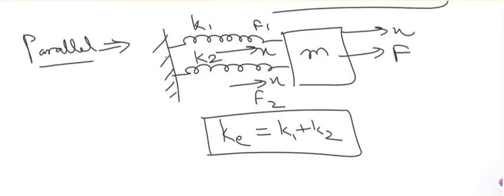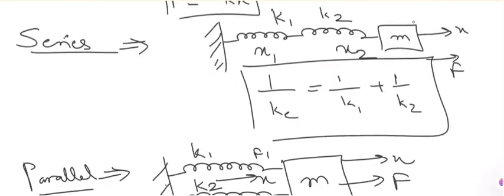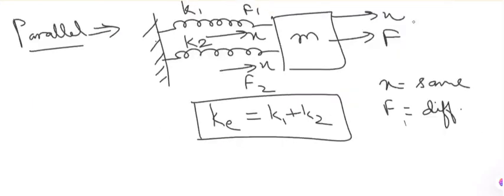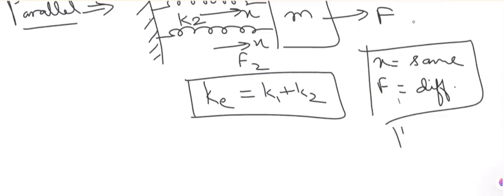These need to be kept in mind. In parallel, X is the same and F is different on both the objects. This is a hashtag that you need to keep in mind.